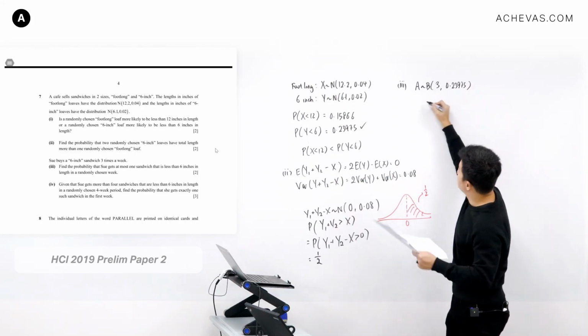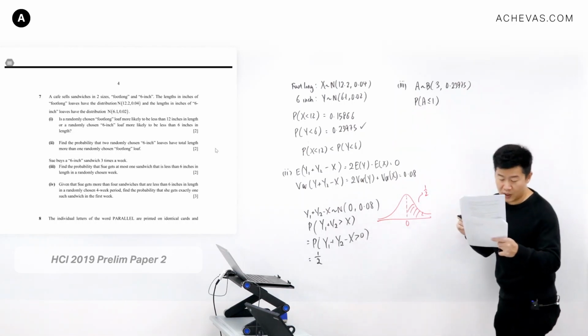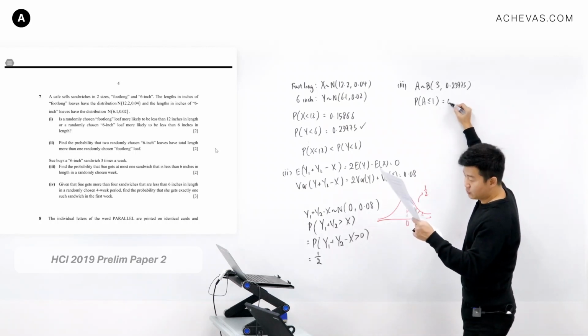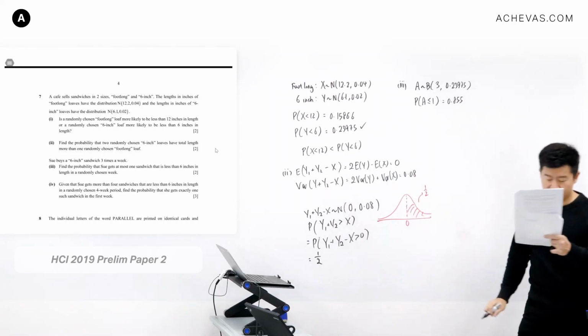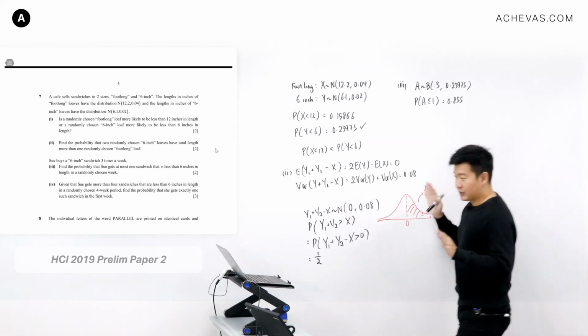And the question is asking me to find the probability that A is less than or equal to 1. I can actually already simply press this into the calculator. This is equal to 0.855. So very, very fast, we have gotten our answer.